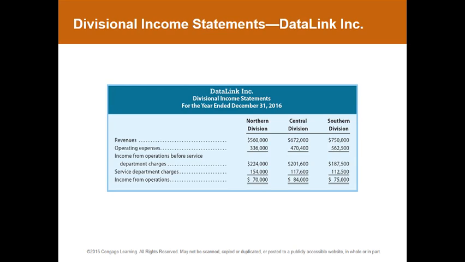As you can see here, we have the basic format for the income statement showing operating expenses, income from operations before service charges, the service department charges that are applicable to each division, and then the income from operations for each. This is the divisional income statement. This is what an investment center manager would be looking at.